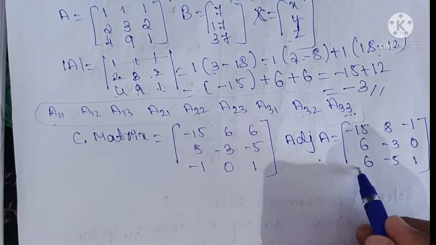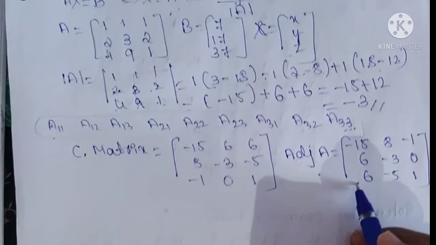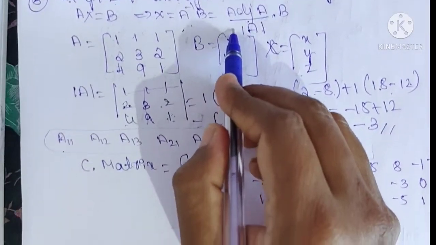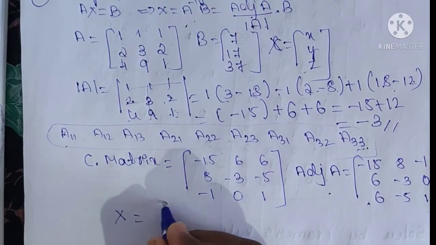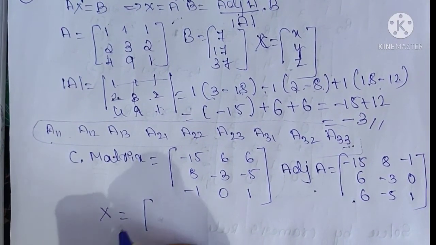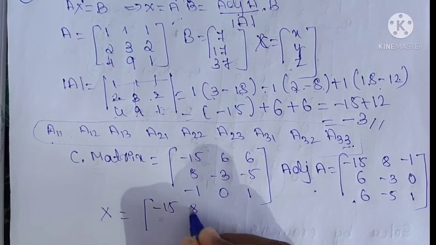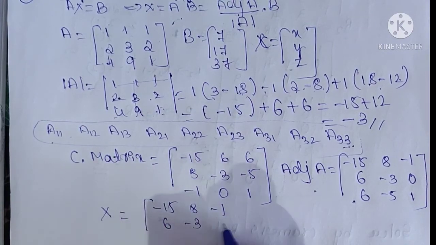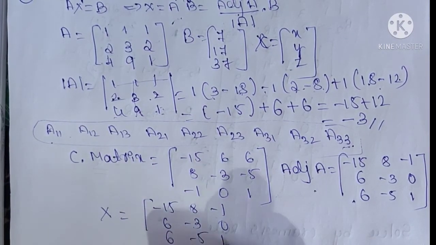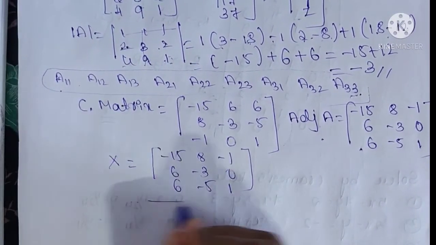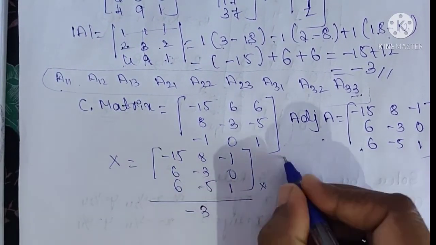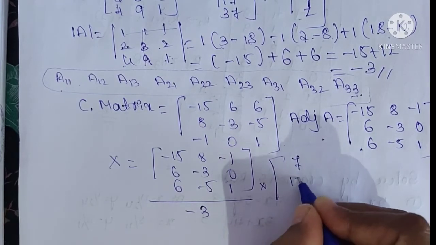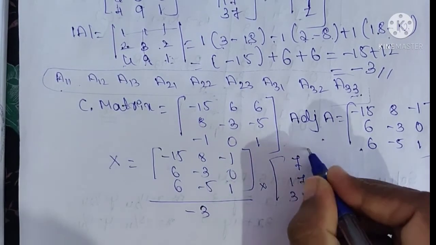Now substitute these values here. We get x is equal to adjoint of A, whose value is minus 15, 8, minus 1, 6, minus 3, 0, 6, minus 5, 1, divided by the determinant value minus 3, into B, whose value is 7, 17, 37.